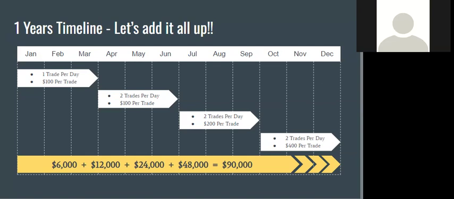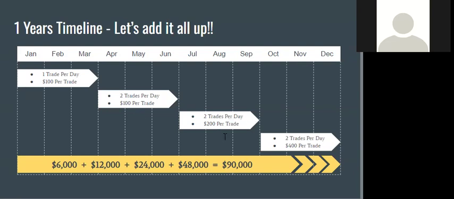Okay. So month 1, 2, and 3, you're still going to look for 1 trade per day, just locking in $100 per trade, and that's it. And if you look down below, that's 6,000 for the period. And then the next 3 months, you're going to do 2 trades per day, still targeting the $100 per trade.